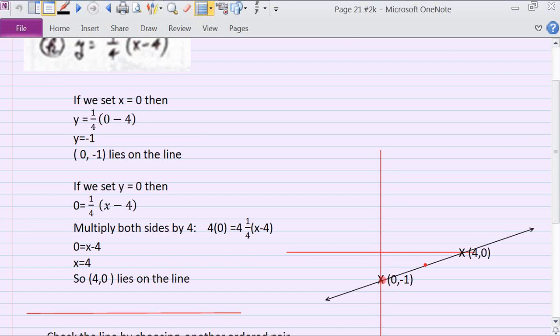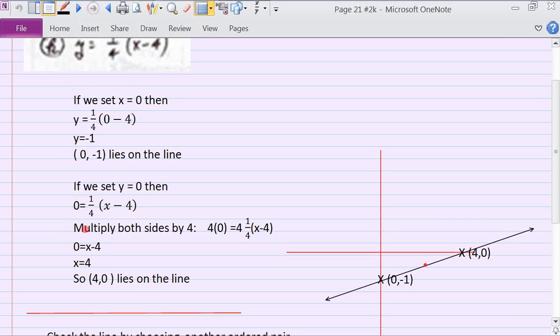This is a y-intercept. If we set y equal to 0, okay, then 0 equals a quarter, x minus 4, because I've replaced this y in the original equation by 0.